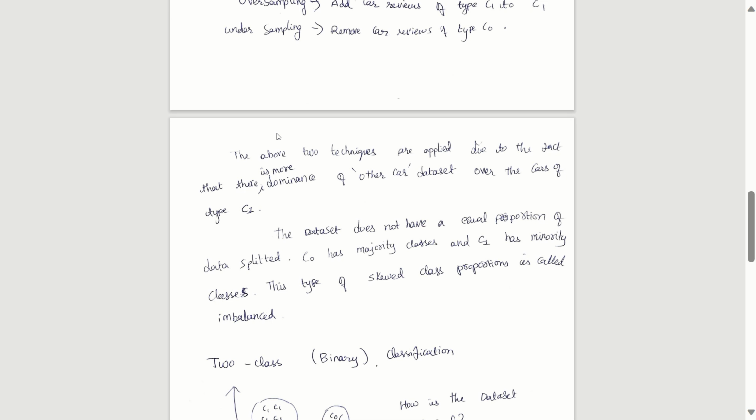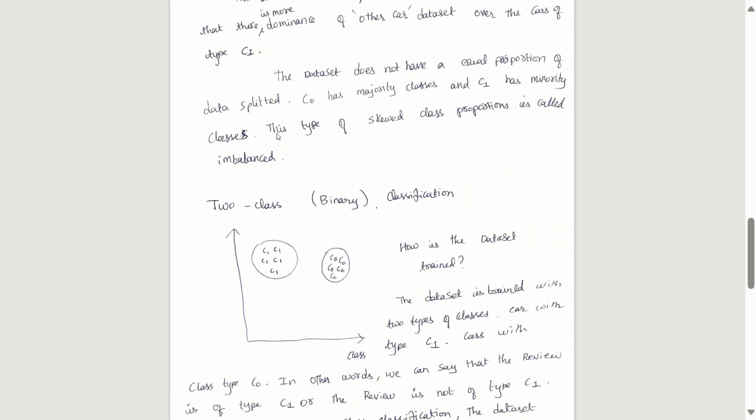So now let's go to the second classification technique, two-class binary classification. As I mentioned before, other car reviews are not formed into another class, but in two-class binary classification, the other car reviews are formed into one particular class, therefore it is distinct.